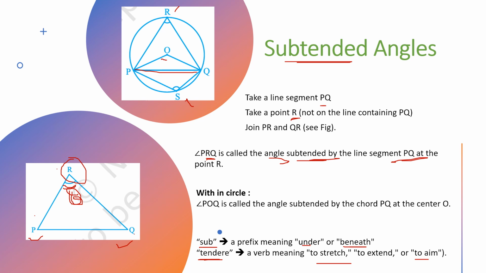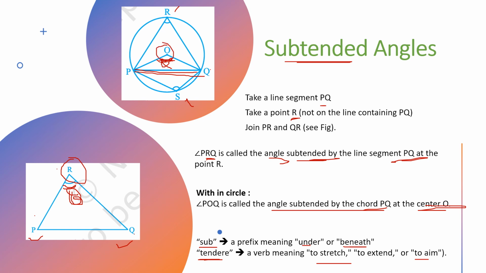Observe there is an angle formed here at the center from the line PQ. I call this angle alpha. Angle alpha, or angle POQ, is called the angle subtended by the chord PQ at the center O.